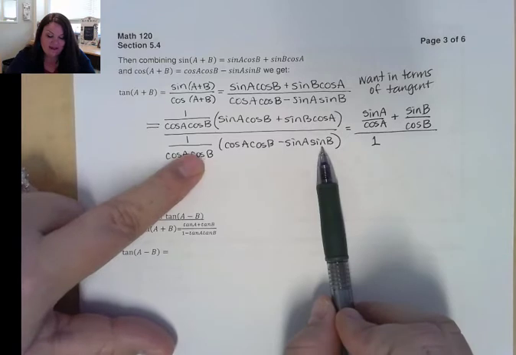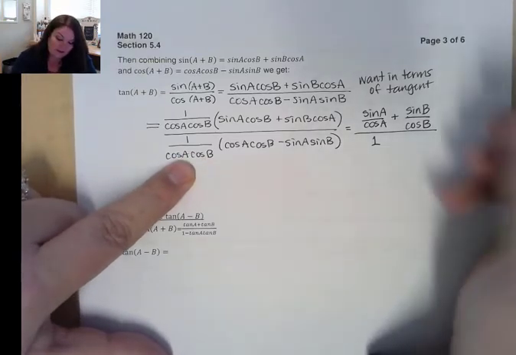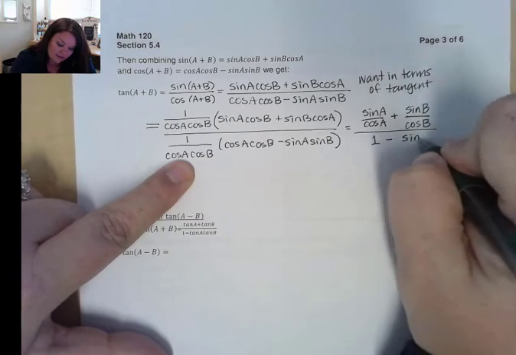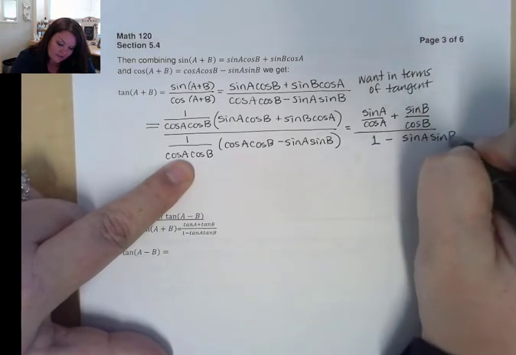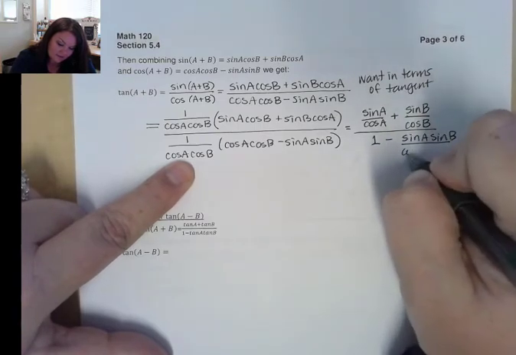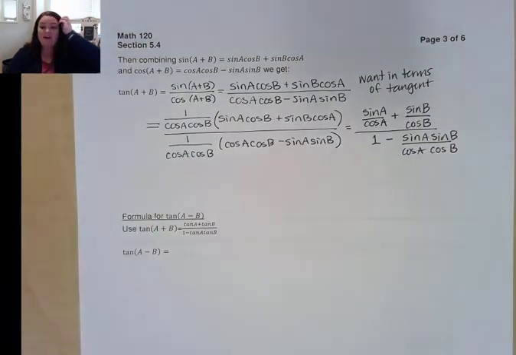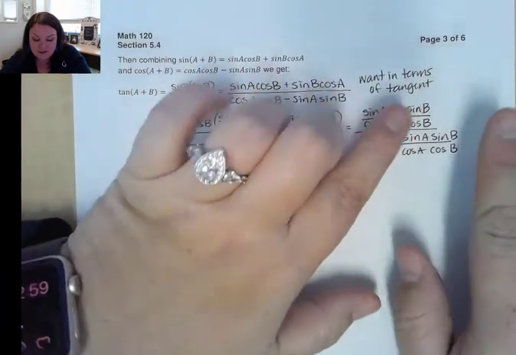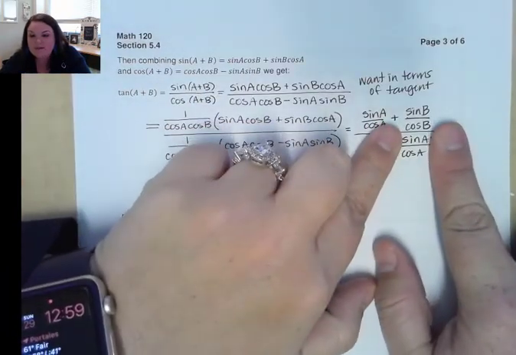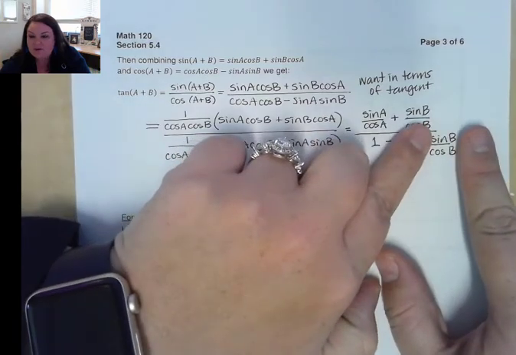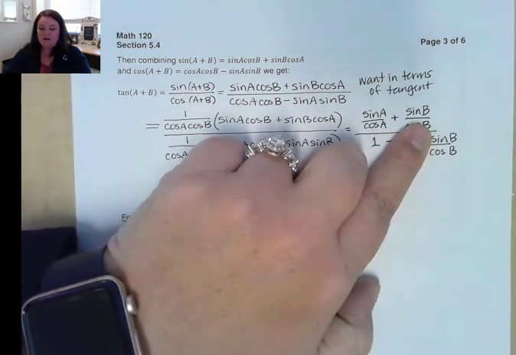And I have sine B, and that doesn't cancel with anything. So I'm going to be left with, this is still a negative term, sine A sine B over cosine A cosine B. But that does work out because notice if I just look at these two terms, that's tangent. And if I just look at these two, that's also a tangent, right?